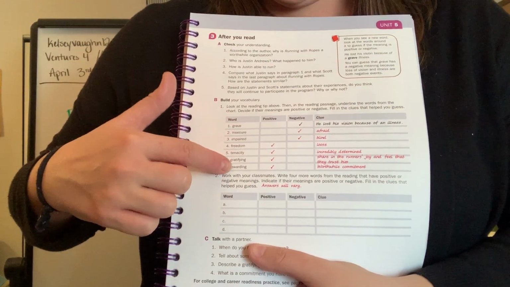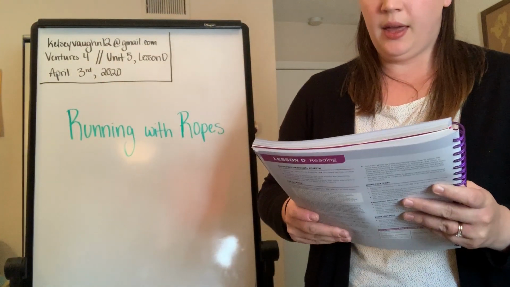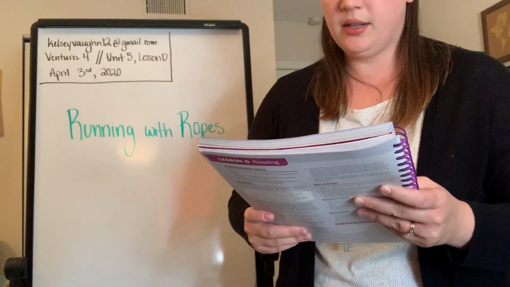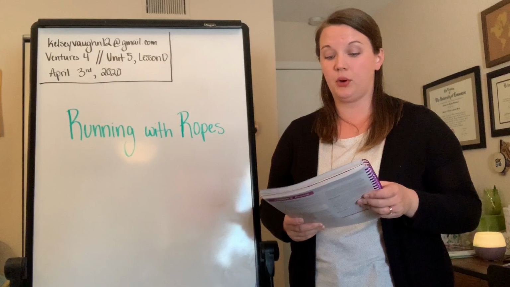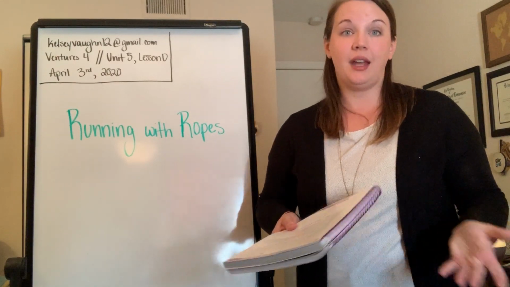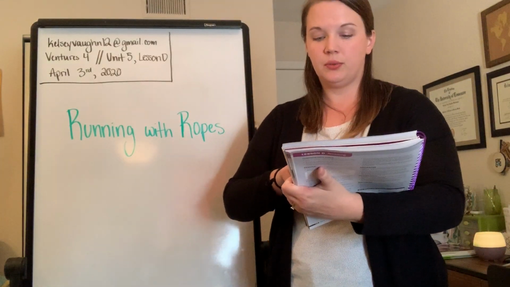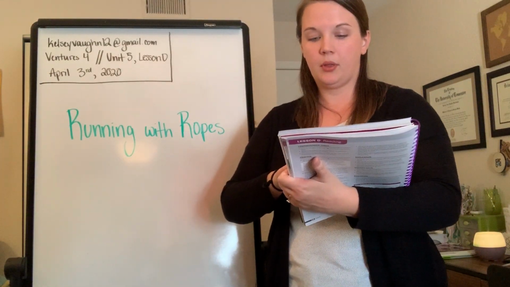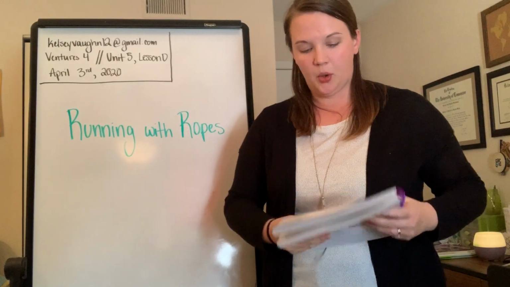Find each of these in the reading and underline them, okay? And then decide if the meaning is positive or negative, okay? And when you decide that, write down the clues that helped you decide, okay?